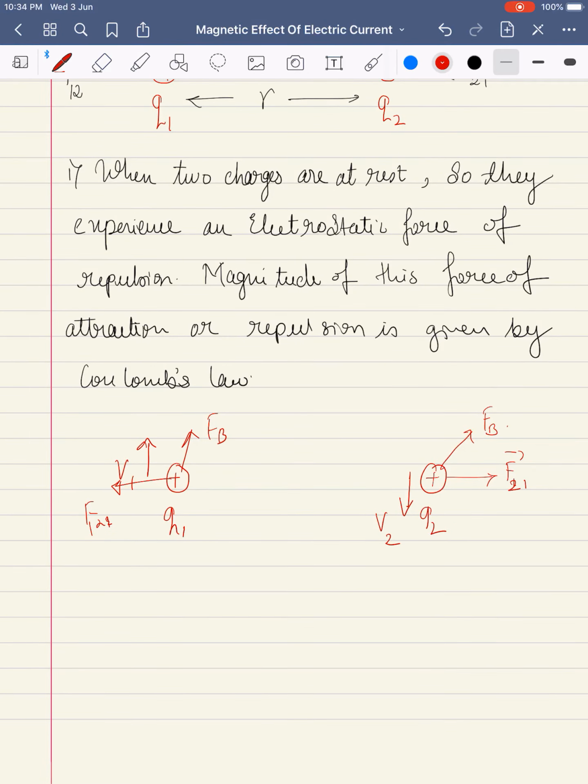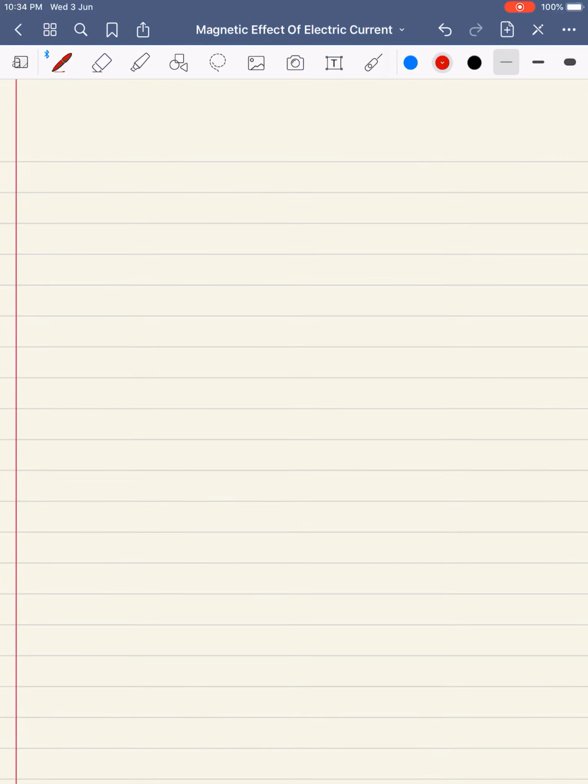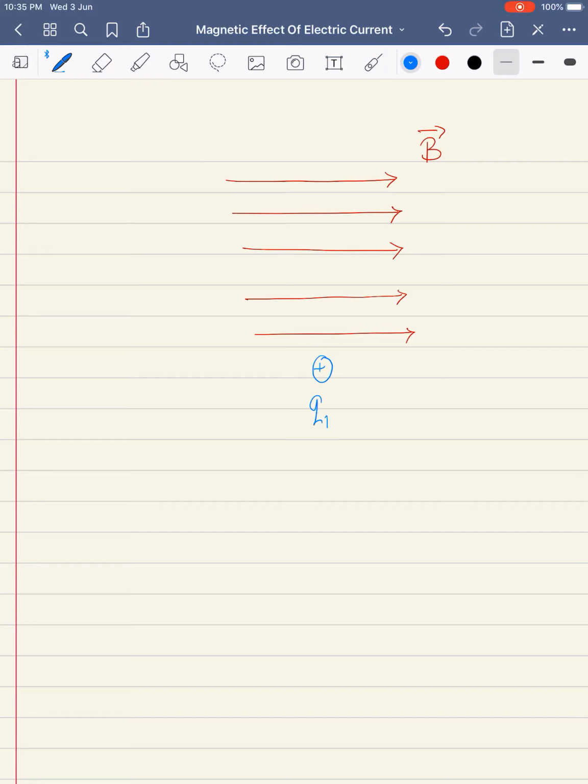Okay, so now what does that mean? Whenever a charge is moving in an electric field or in a magnetic field, let us consider first a magnetic field. So these are the magnetic lines of force. These magnetic lines of force are uniformly spaced. Okay, and we have a positive charge, let's say q1. This positive charge q1 is moving with a velocity v1 perpendicular to the direction of magnetic field.